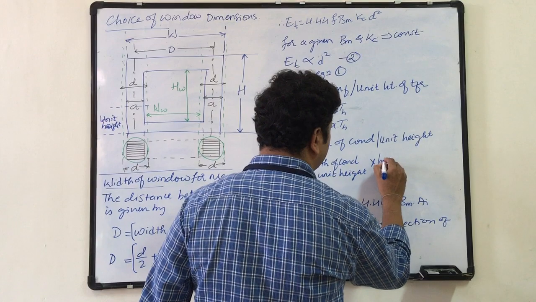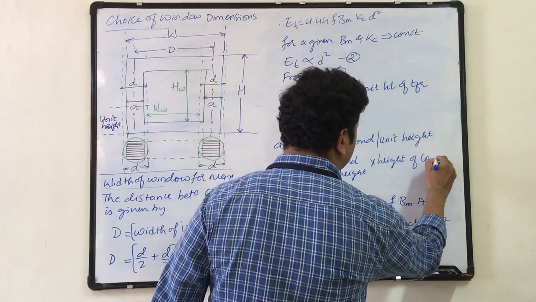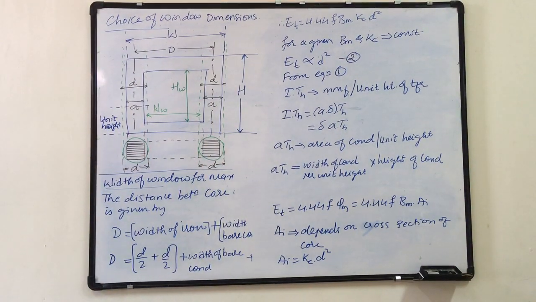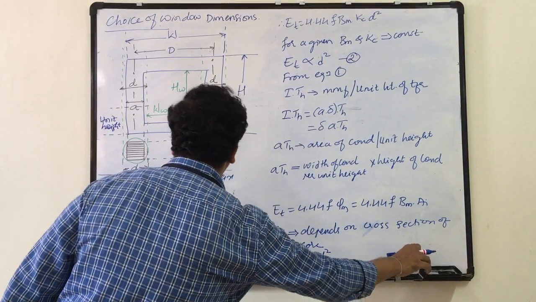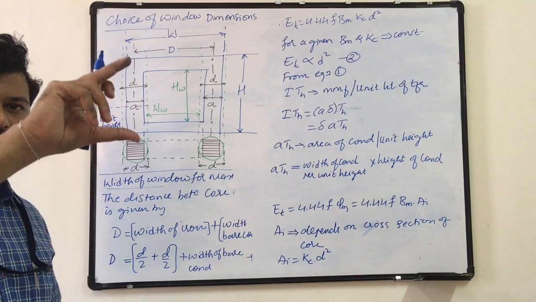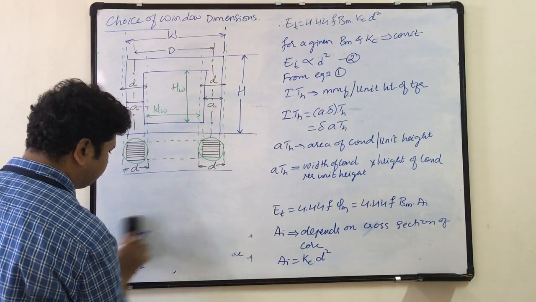multiplied by height of conductor. When I have taken per unit height, height of conductor is 1. So what do you mean by this is, please don't get confused that conductor will be of 1 meter high. Conductor in the sense this.